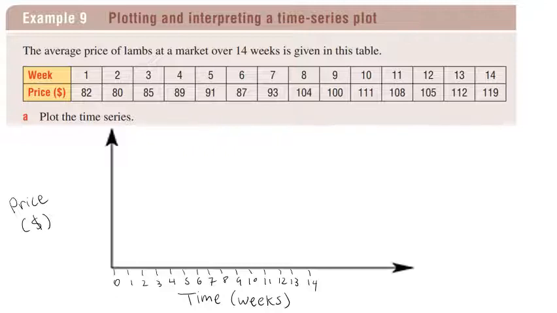So we're not going to be starting down at 0 because I don't want to have to do 0, 10, 20, 30, 40 all the way up. Because we're not going to be starting at 0, we need to do a little squiggly line here to represent we're skipping some numbers at the start. And then our first number we're going to put in is going to be 80.